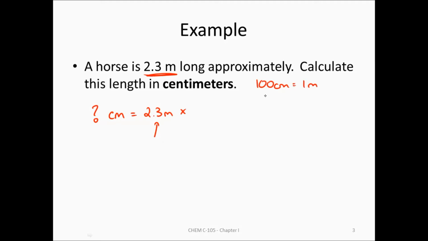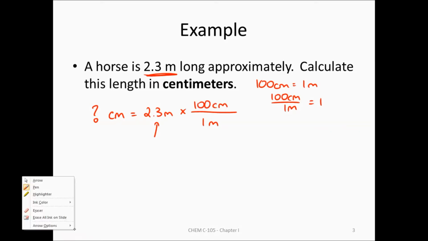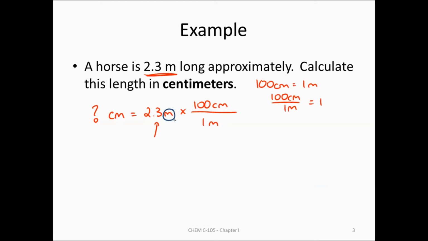So in terms of unit conversions, the trick is to recognize that if I divide both sides by 1 meter, 100 centimeters over 1 meter is equal to 1. So here I can say 1 meter is 100 centimeters. And you set this up in the following way. Firstly, you need to make sure that whatever units you have here match the unit here.